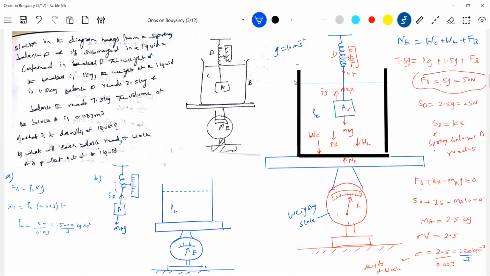What are the forces that will be acting? The forces that are acting are N, I'll write it. The weight of the liquid, the weight of the container. That's all. No? There's no block here. So in this case, N should be equal to the weight of the liquid plus the weight of the container.